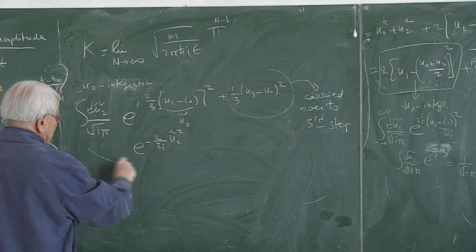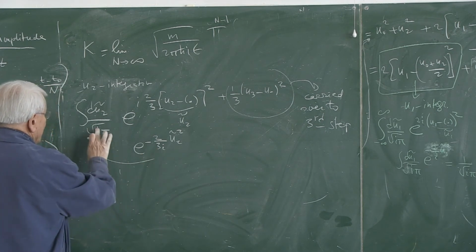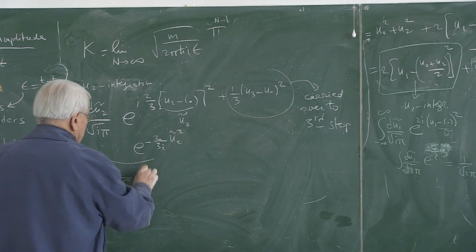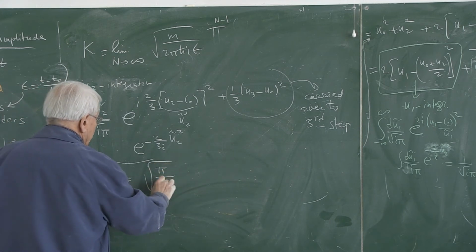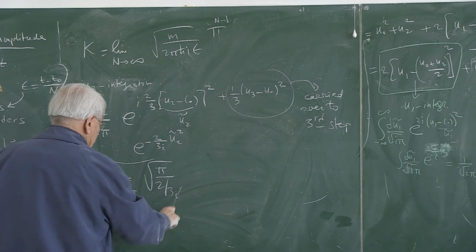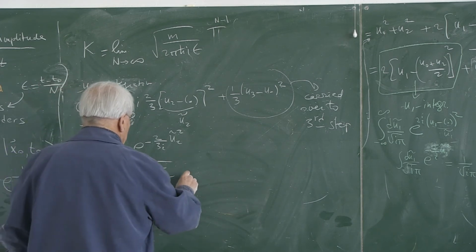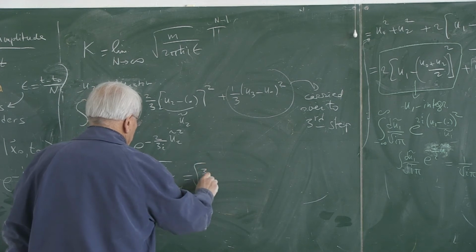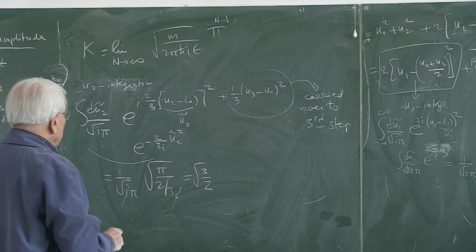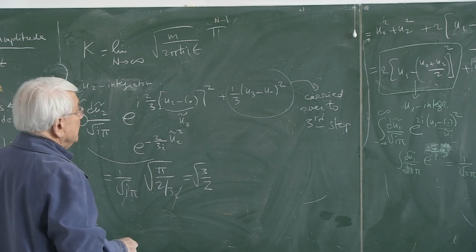Then the integral is 1 over i pi, square root of pi divided by 2 over 3i. These i's nicely cancel, and pi's nicely cancel. I have 3 by 2. Correct? 1 over 2 by 3. 2 by 3.